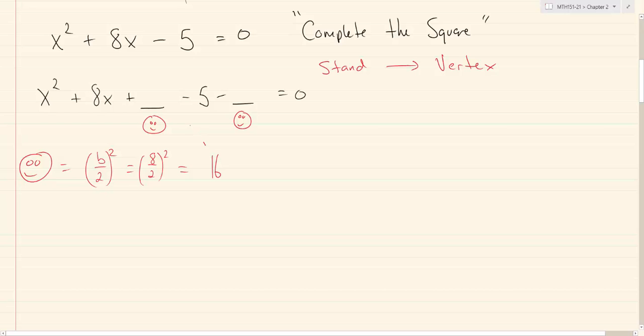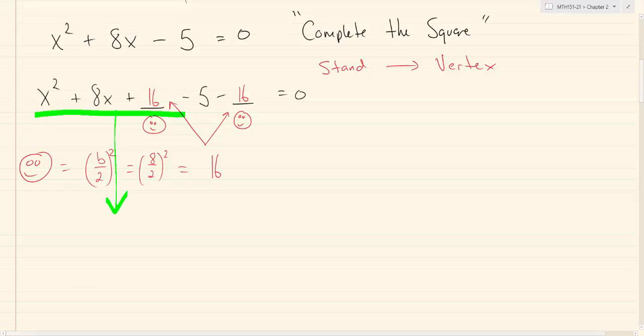So we're going to add 16 in the first blank, and we're going to subtract 16 in the second blank. And believe it or not, this first chunk is actually a perfect square. If you factor it, you'll get x plus 4 times x plus 4, which is x plus 4 squared.